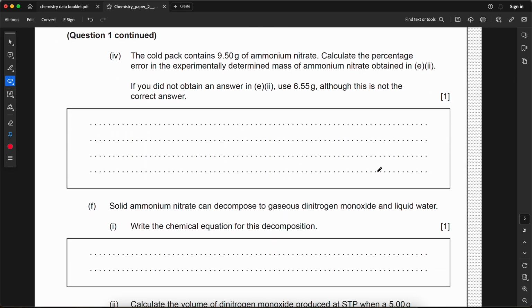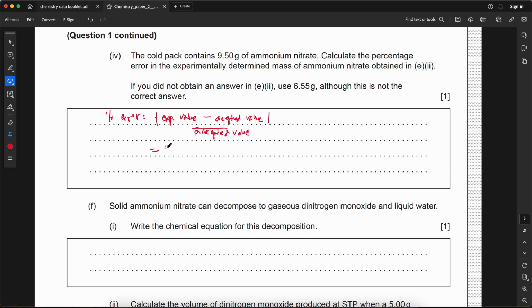The cold pack contains 9.50 gram of ammonium nitrate. Calculate the percentage error in the experimentally determined mass of ammonium nitrate obtained in E2. So the percentage error will be the experimental value minus the accepted value, divided by the accepted value.